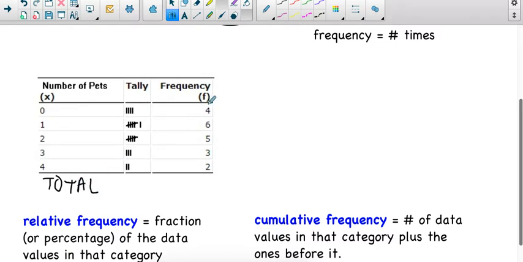So I would add up all of my frequencies, 4 and 6, 10, 15, 18. There's a total of 20 different respondents, 20 different people who responded to my survey. And I'm going to add a column over here, and I'm going to call this next column the relative frequency.